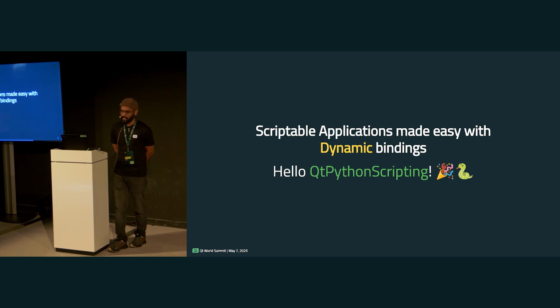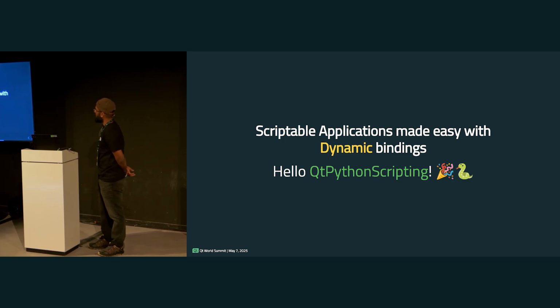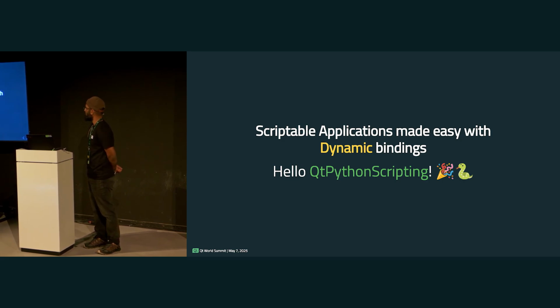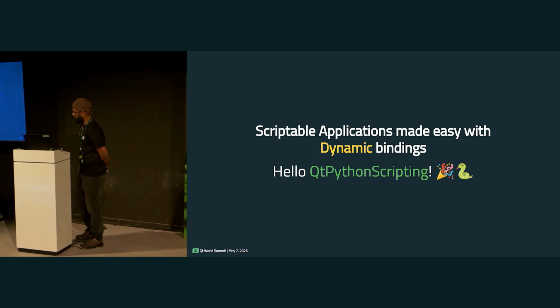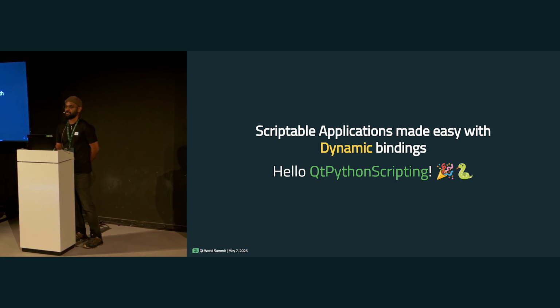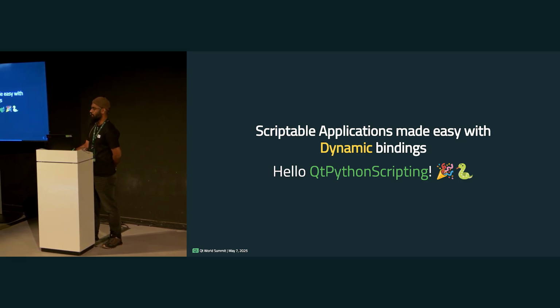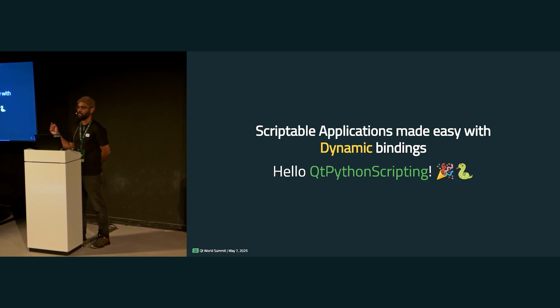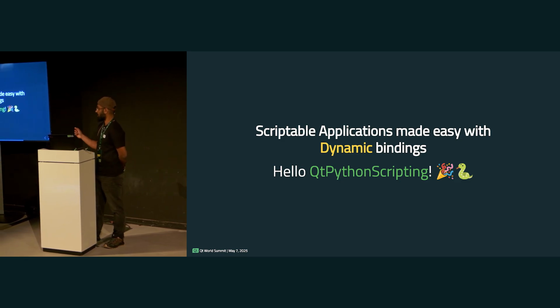What I mean by dynamic bindings is that dynamic bindings provides you the ability within your C++ code to directly register your C++ types with the Python interpreter. Very easily. You don't need bindings, you don't need PySide, nothing at all. With that, I would like to introduce you to Qt Python Scripting. Qt Python Scripting will be a new module that will be available in 6.11 as a technical preview.